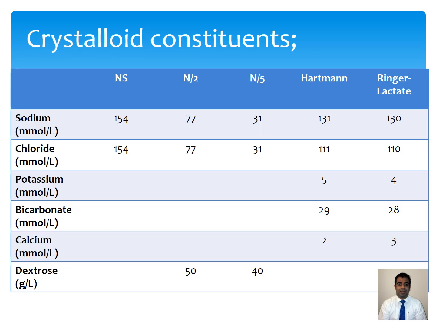Moving on to the constituents of crystalloids, you see normal saline has only sodium and chloride. So you get 154 millimoles per liter each of sodium and chloride. Half normal is basically half that, but you do get a little bit of dextrose in half normal saline as well. N/5 is 1/5 of that, and again you get dextrose in N/5.